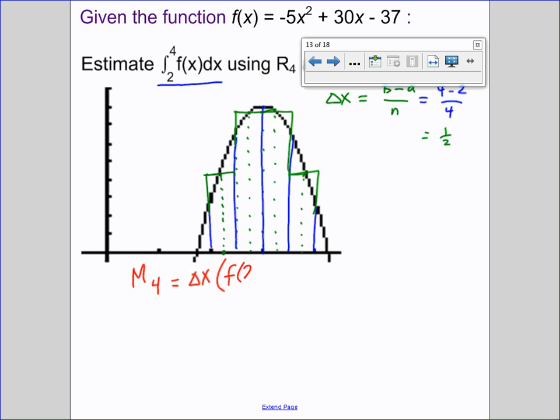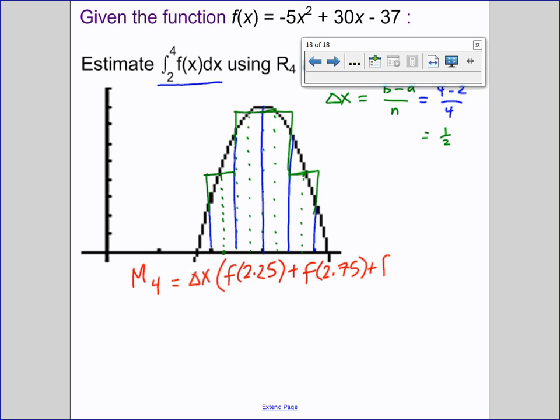So f of 2.25 will be the height for that first rectangle. Plus f of, and we're not going to use 2.5, we're going to use the midpoint of the next subinterval, 2.5 to 3, so that's going to be 2.75. Is that what you guys are getting?